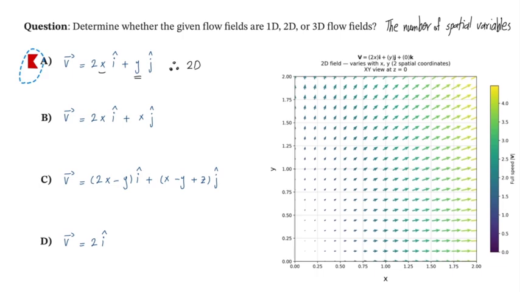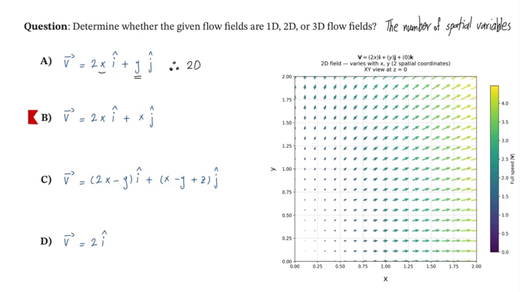Now let's move to item B, which is given as 2xi plus xj. Now, you might be tempted here to say that, okay, we have the i component, which is the component of x, and the j component, which is the component of y, and say that this is a two-dimensional flow field as well.